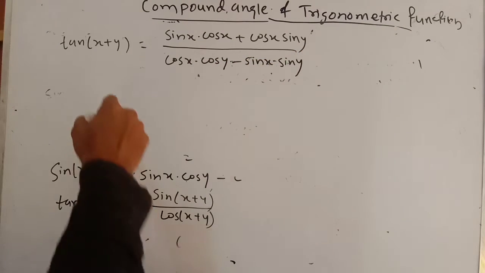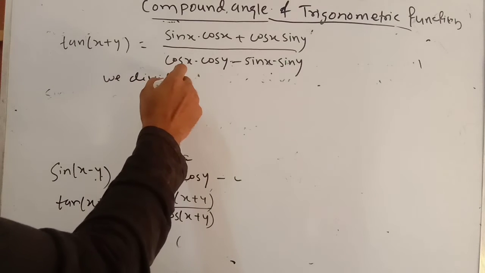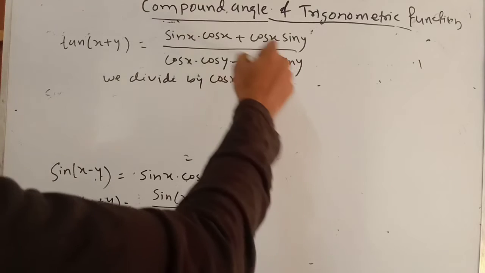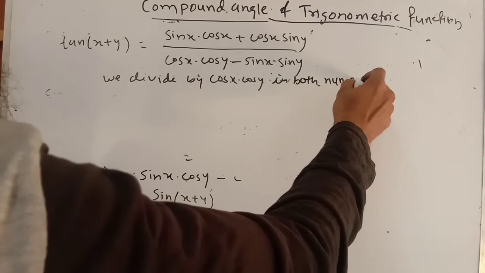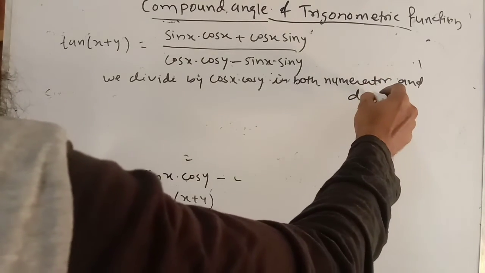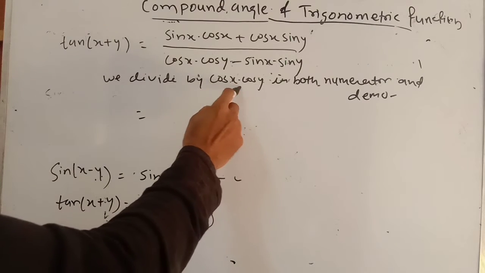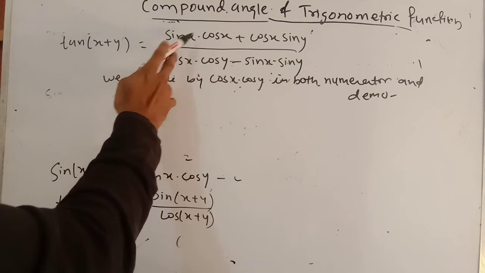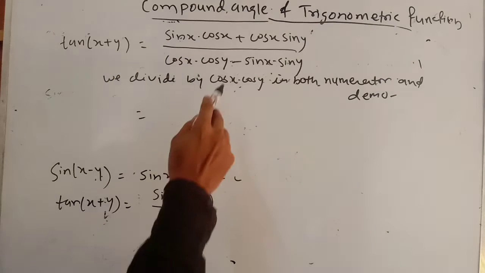Okay, so now we divide by cos x cos y in both numerator and denominator. When you divide this one, cos x cos y cancel.